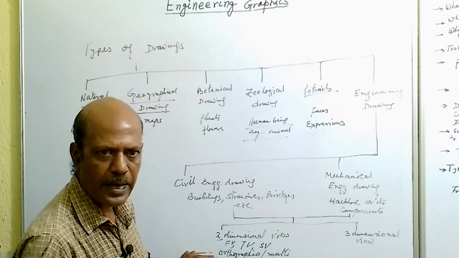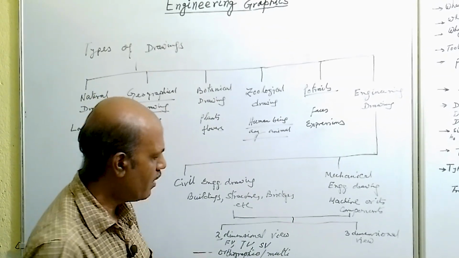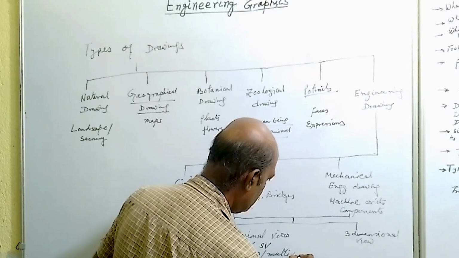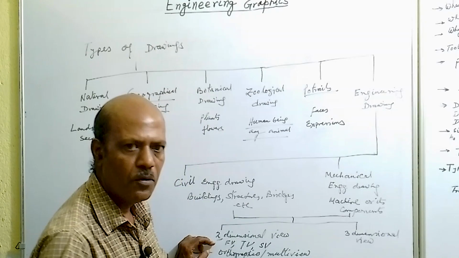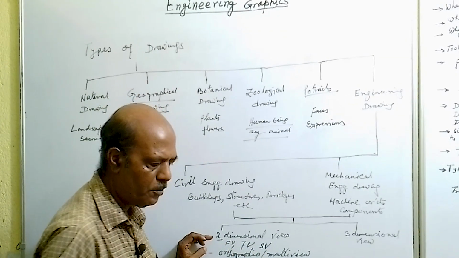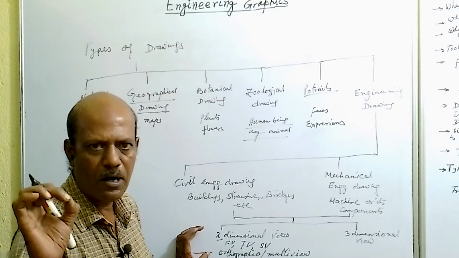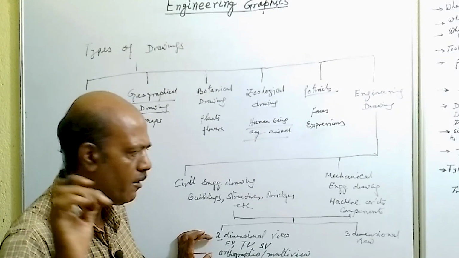Two-dimensional drawing is known as orthographic drawing, and also it is called multi-view drawing because the number of views required is more than one. That is front view, top view and side view. In mechanical engineering, these are called front view, top view and side view.